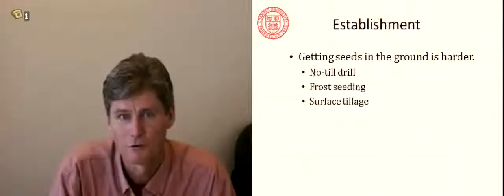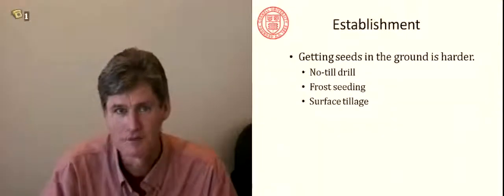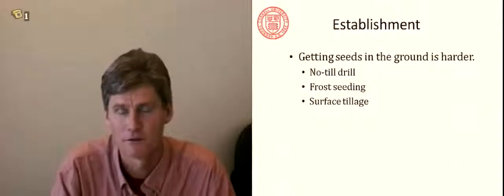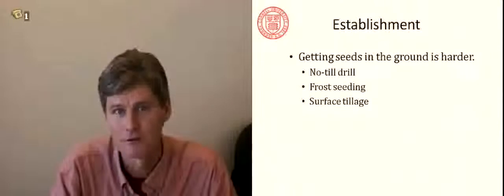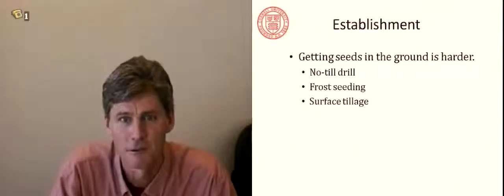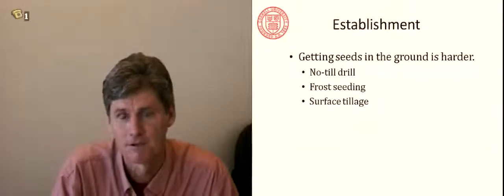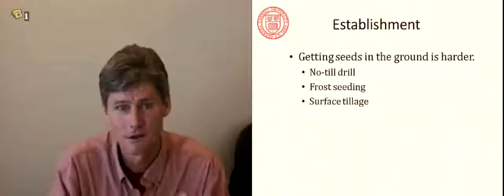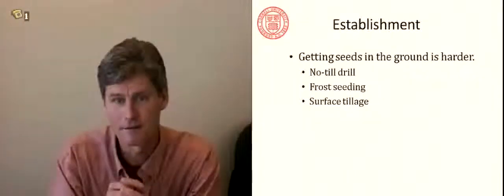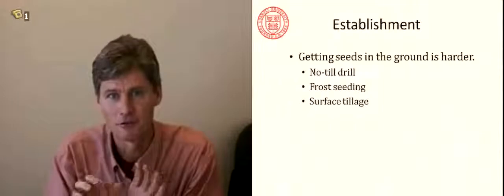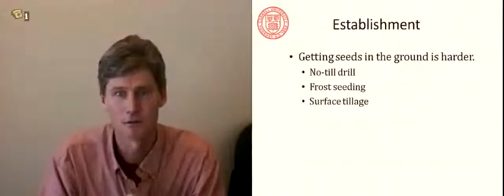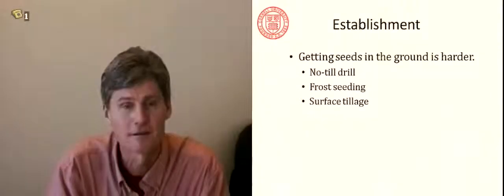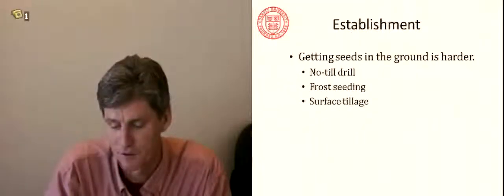You need bare ground or just a little bit of light recent snow on top, and a number of freeze-thaw cycles. It's the freeze-thaw cycles, basically, you get fairly large ice crystals forming in the top, making a hole in the soil. When that ice melts, you get a mustard seed-sized hole left behind where it melted, and the mustard seed drops down. That's basically the process that makes frost seeding work.